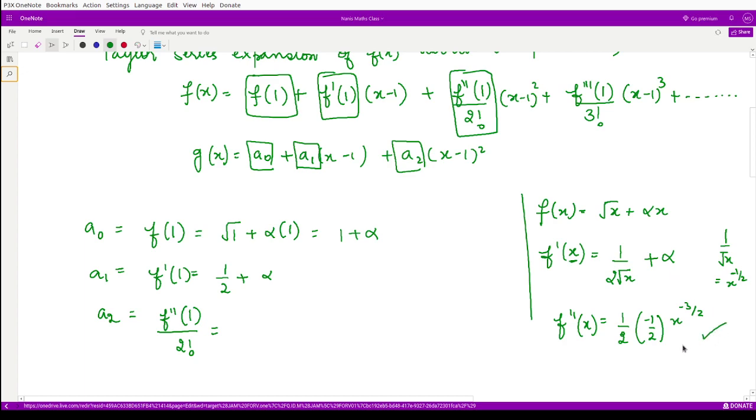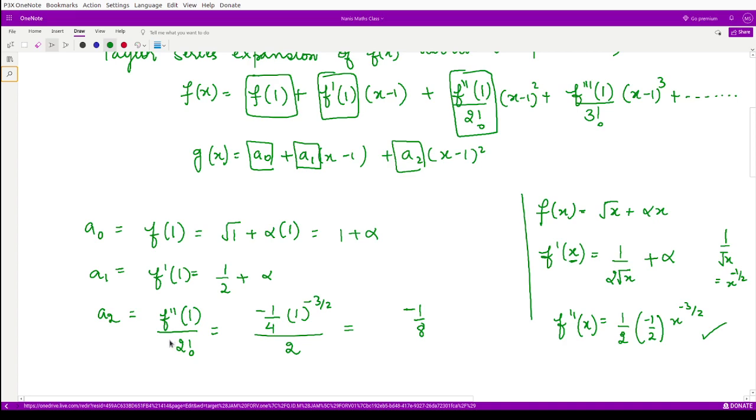So when you place 1 instead of x, you obtain minus 1 by 4, 1 to the power minus 3 by 2, divided by 2 factorial, which is equal to 2. And 1 to the power of anything is always equal to 1. So this value is going to be minus 1 by 8. So this is the value of a2.